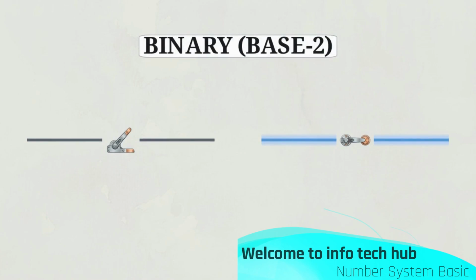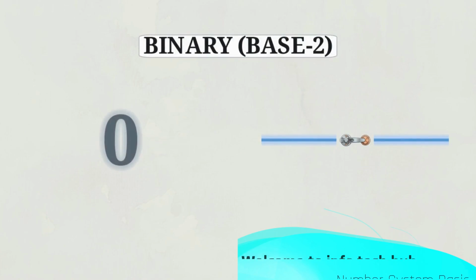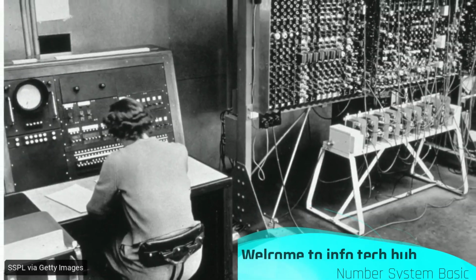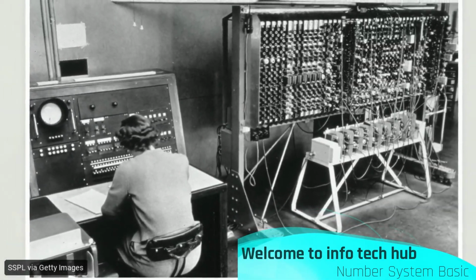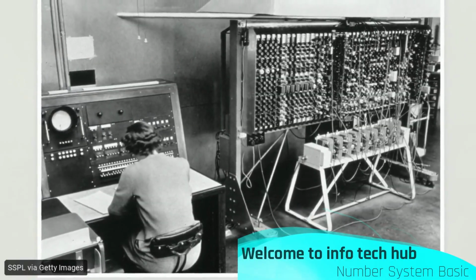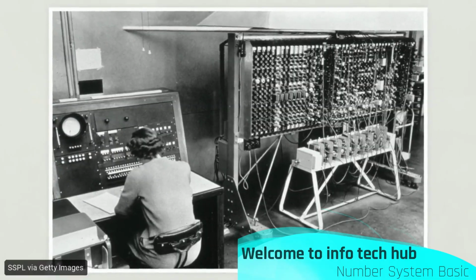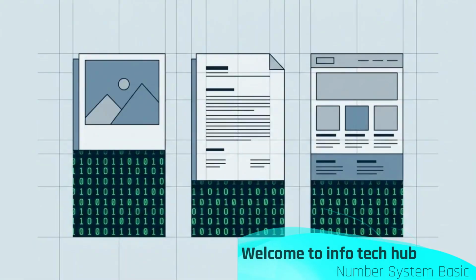We represent them mathematically using the binary number system, or base 2, mapping the off state to a 0 and the on state to a 1. Because the hardware itself physically operates using only these two options, binary is the inescapable foundation of all digital action. Every photo, document, and website ultimately breaks down into exactly this, ones and zeros.